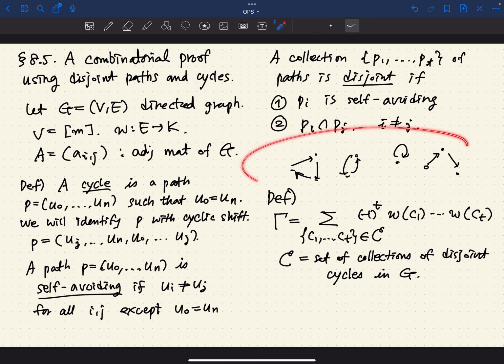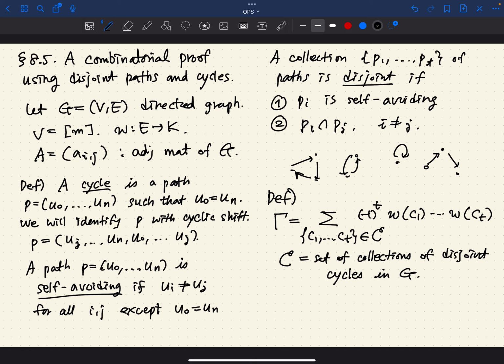You think of all possible ways to collect cycles. You may select nothing, so the empty collection is also a possibility. Or you can select only one cycle, or two or three, etc. As long as they don't intersect at all, they are disjoint, then it's in the collection.